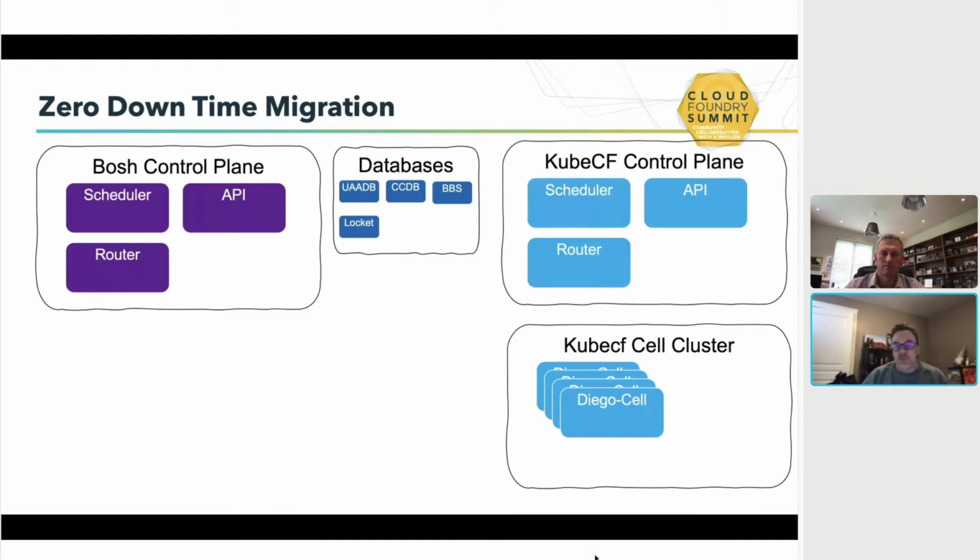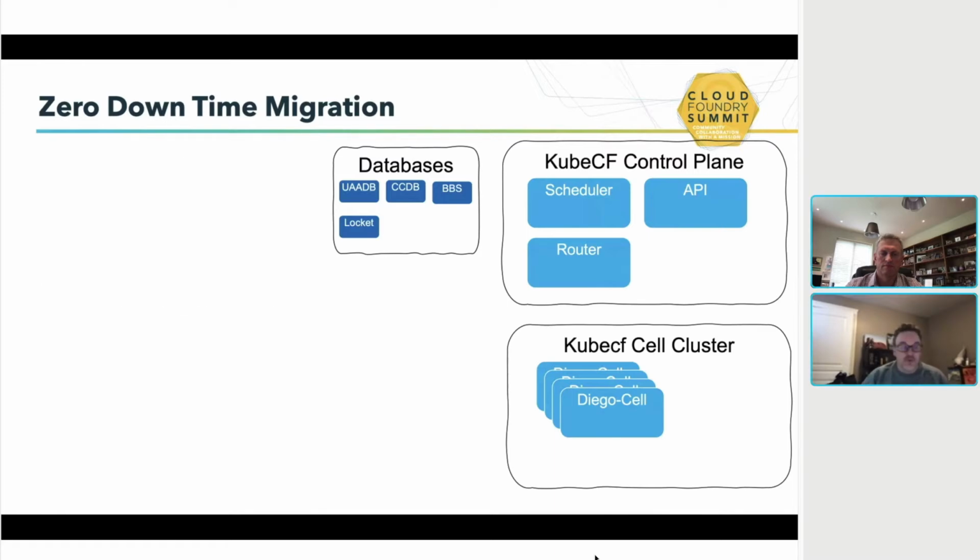Next step is bringing up the control plane in Kubernetes in a different Kubernetes cluster, where the control plane on BOSH and the control plane on Kubernetes can both manage at the same time, connecting to the same databases and deploying to Kubernetes-based cells. Finally, we will remove the BOSH side of the control plane, and now we've migrated over and everything's running in Kubernetes.